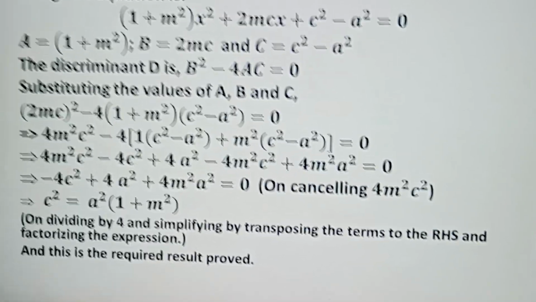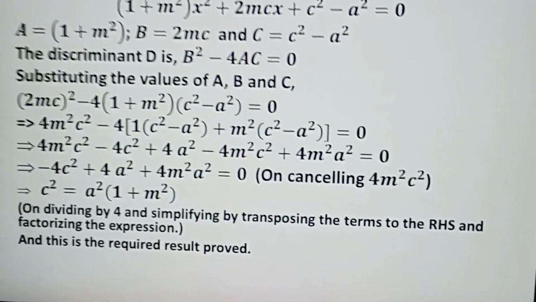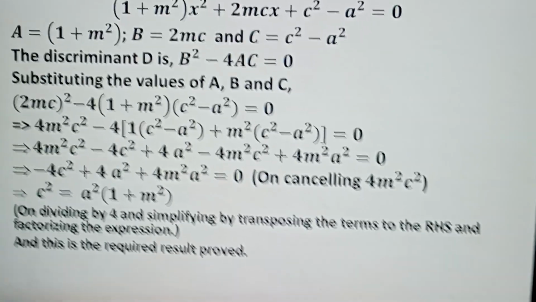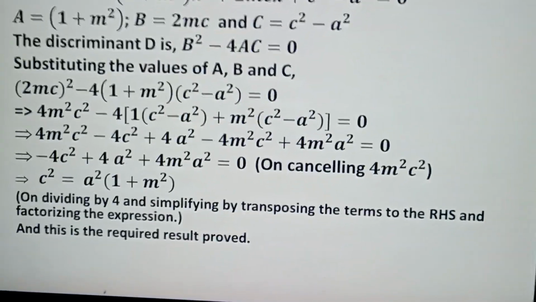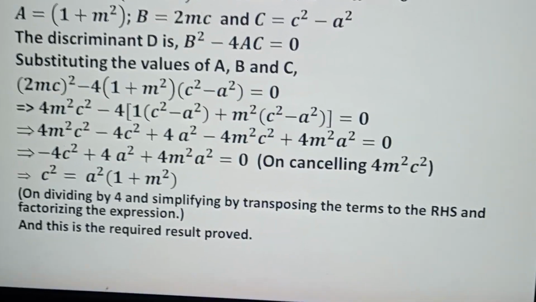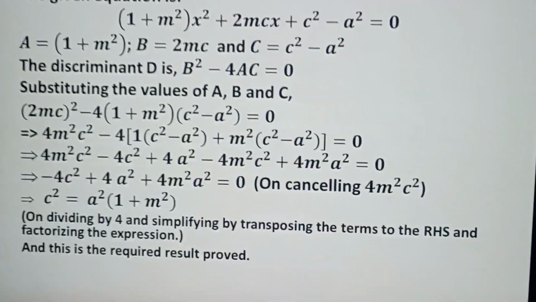The sign changes to plus 4a squared. The plus m squared becomes minus 4m squared c squared when it is multiplied by a minus. Again, there is a minus there, m squared a squared, which changes to plus 4m squared a squared equal to 0.